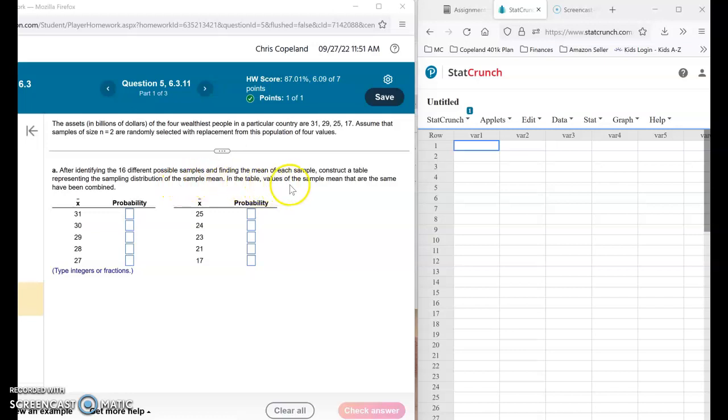In the table, values of sample means that are the same have been combined. Okay, so first of all, we have to come up with the 16 possible samples.